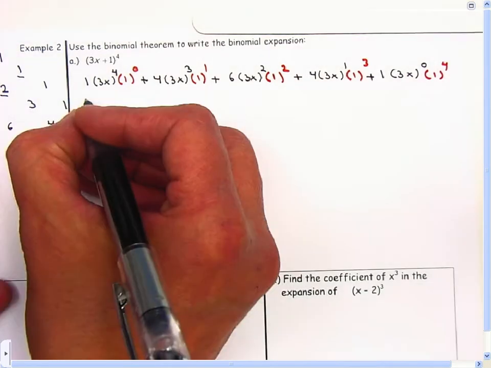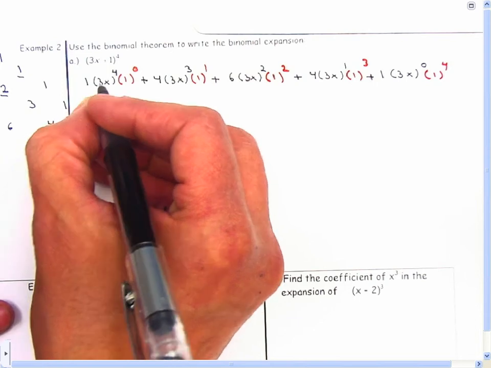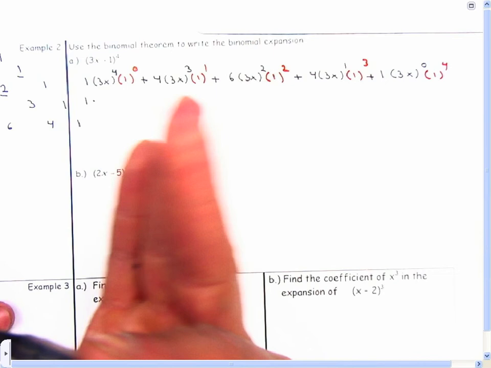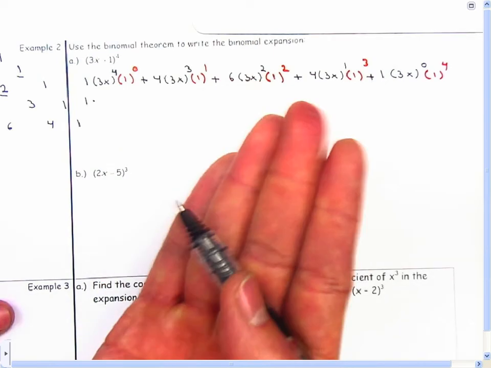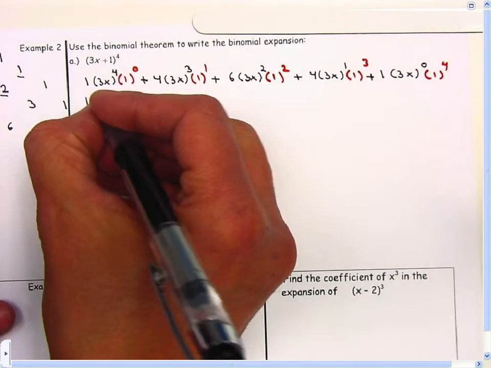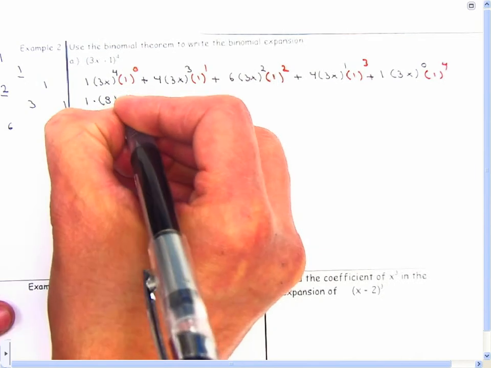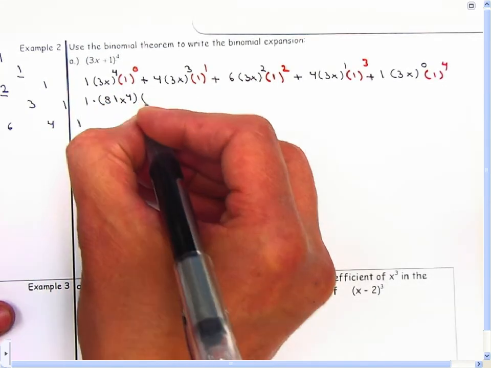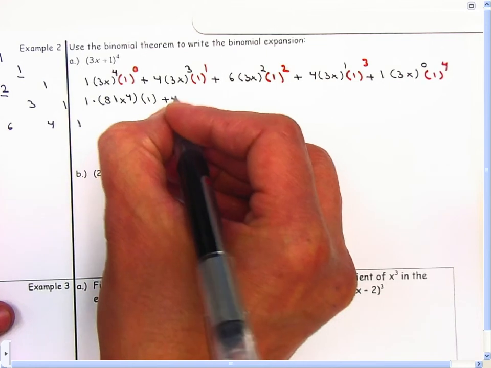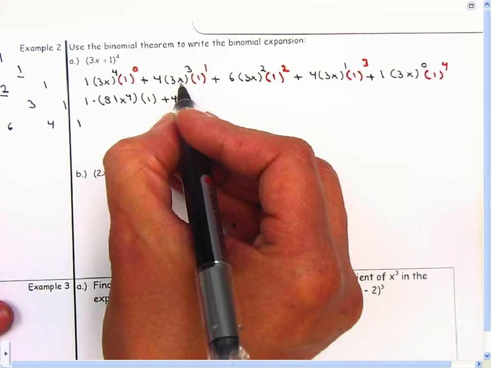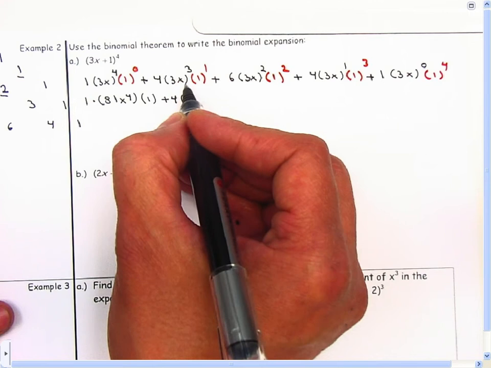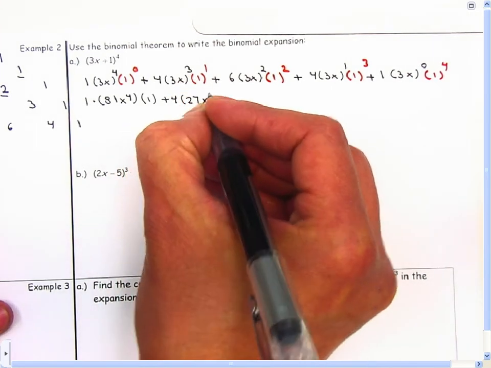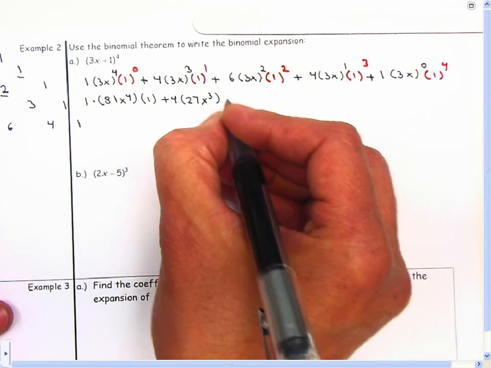We have a 1 multiply 3 to the 4th power is 3 times 3, which is 9, times 3, which is 27, times 3 will be 81. So this will give you 81x to the 4th. 1 to the 0 power is just 1 plus 4. 3x to the 3rd power, that means 3x times 3x times 3x, which is 27x to the 3rd. 1 to the 1st power is just 1.